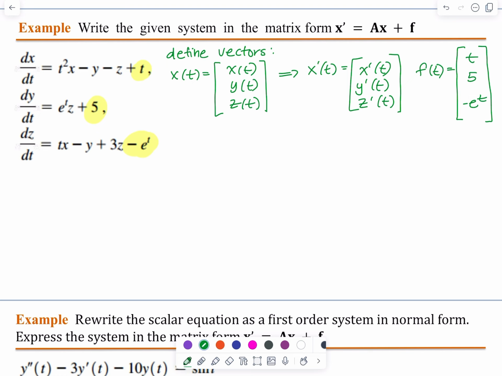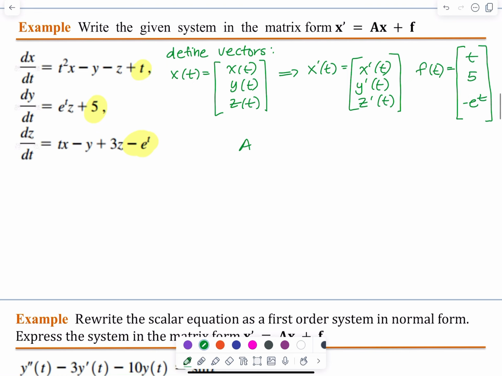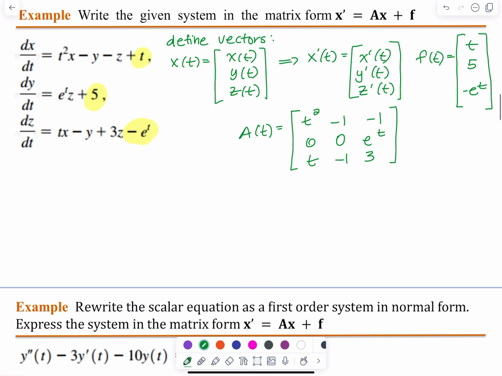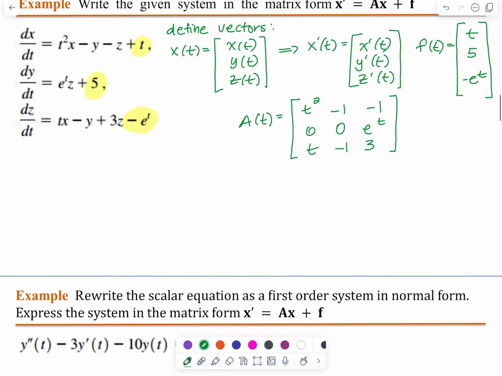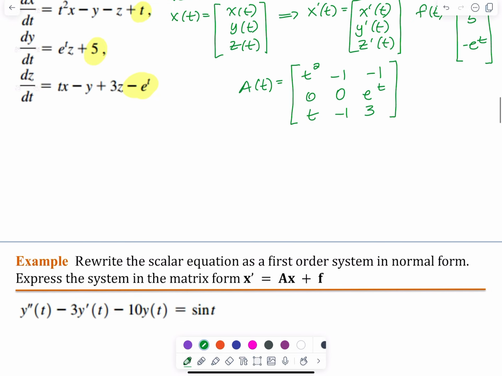And, of course, our matrix A. We will have t squared, -1, -1, 0, 0, e to the t, t, -1, and 3. So there we have our 3 by 3 matrix. So this system becomes a matrix differential equation, and we write it just like this.